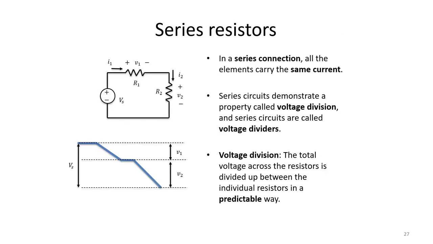So you may remember learning about resistors in series and parallel in your physics class. If so, you would remember that in a series connection, all elements must have the same current. And that's because the current must pass through one element at a time.